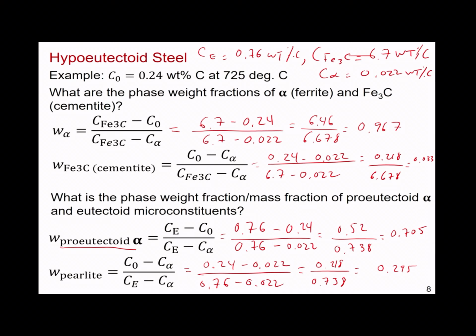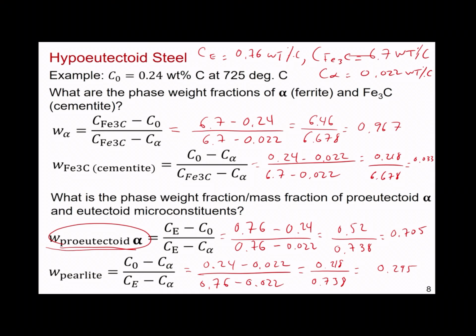How much of the eutectoid do I have overall? And so if you add pro-eutectoid alpha plus the amount of eutectoid alpha plus the amount of eutectoid beta, or sorry, in this case it's cementite, you should get to 1. Okay? So I would just do that check.